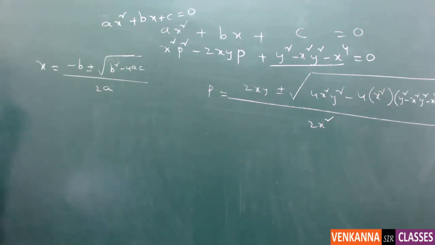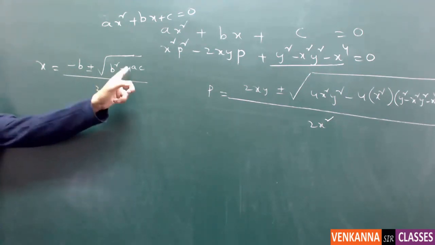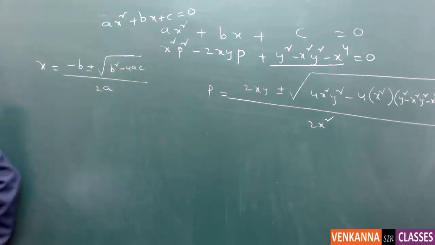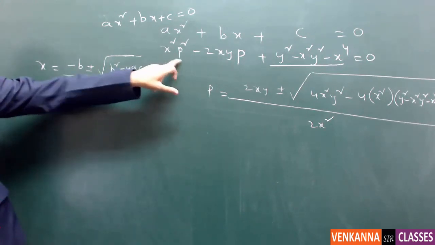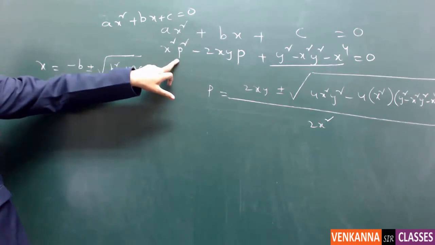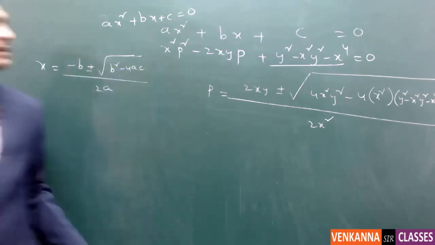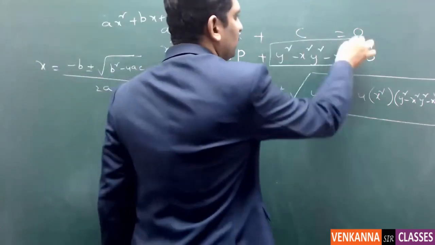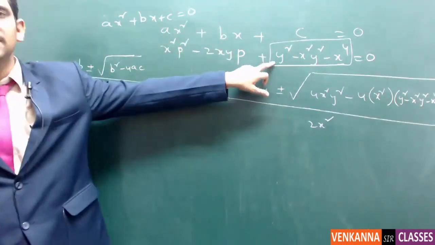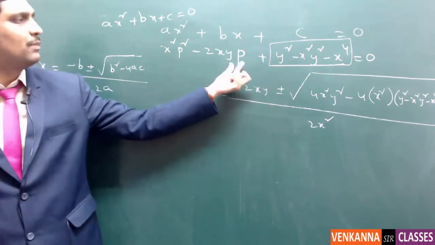The last part is not visible, however, you are going to get the formula approach here. This kind of technique we usually apply whenever the given equation is in this model. Please check: x and p have equal degree. It must contain an x square p square term, and then we should have the terms without p, and p should come like this.